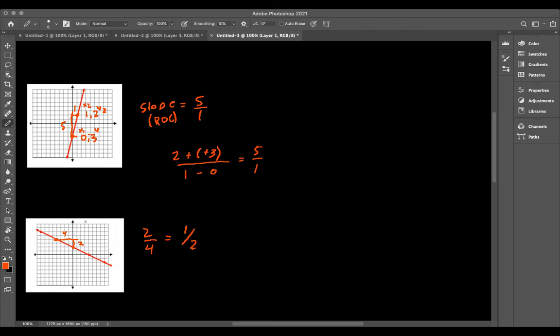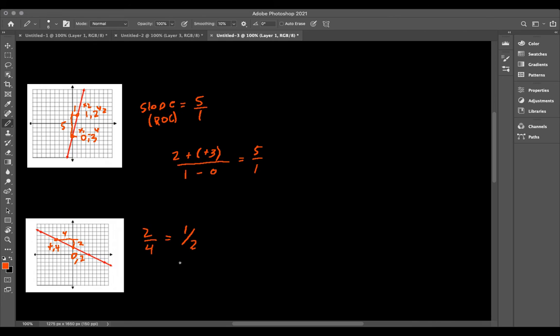But let's prove it to make sure we're correct. This point right here is (0, 2), because that's the y-intercept. I like using the y-intercept because it's easy. And then this point right here would be 4 over, 1, 2, 3, 4, and how many up? 1, 2, 3, 4. So (4, 4).